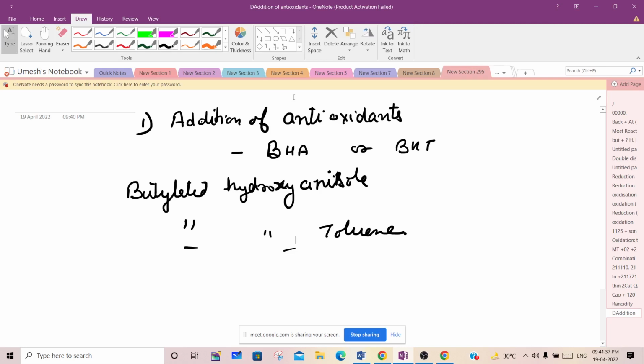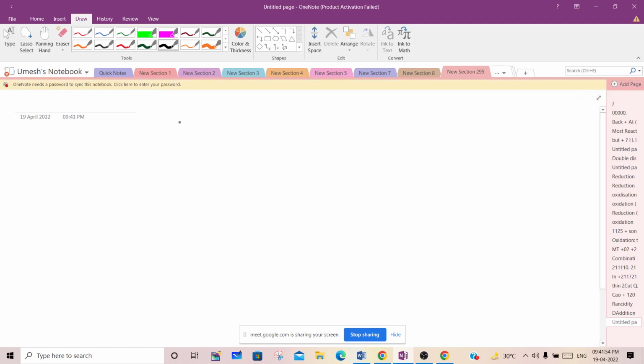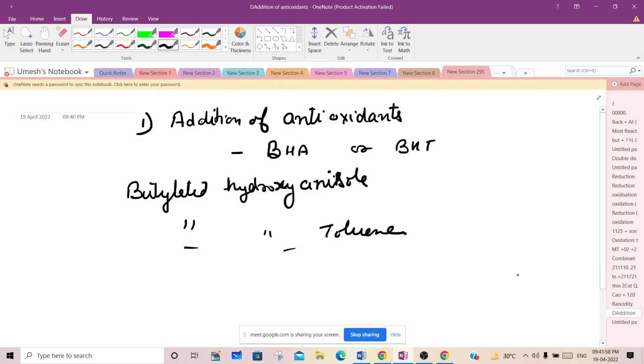These are the names of the chemicals which are added to the food material to prevent rancidity. Okay. Second, by the... note it down. Butylated hydroxytoluene, T-O-L-U-E-N-E.